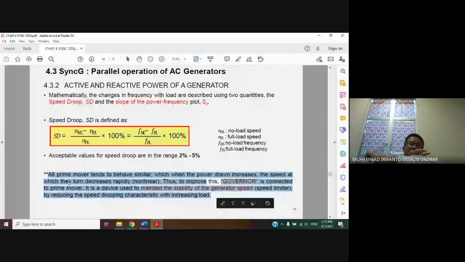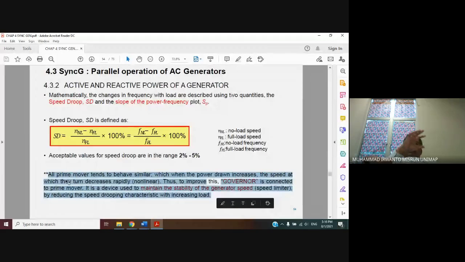This turbine moves when water or steam strikes it. The capacity of water, steam, or gas will be controlled by a valve. The valve will control the flow of the water, gas, or steam.